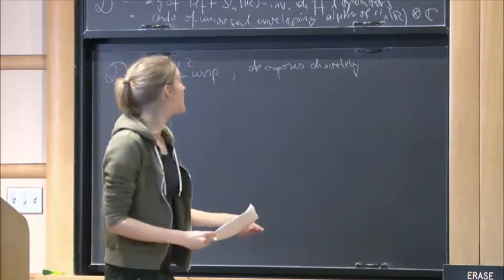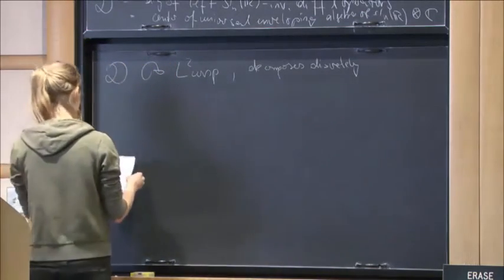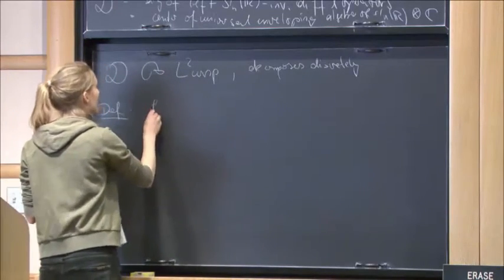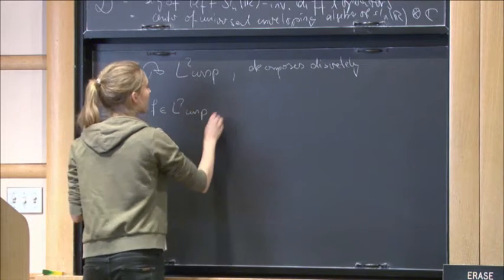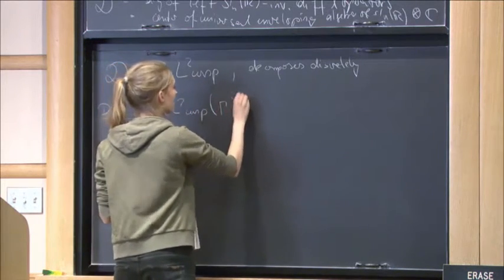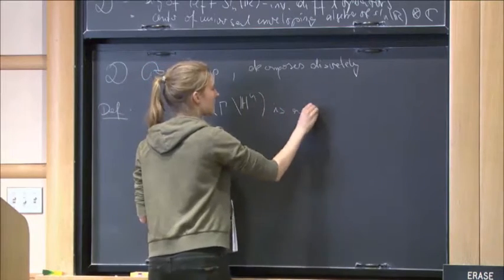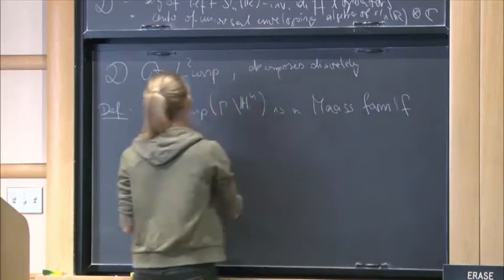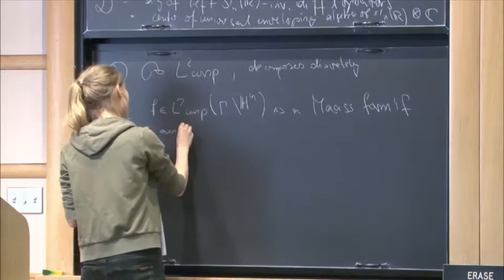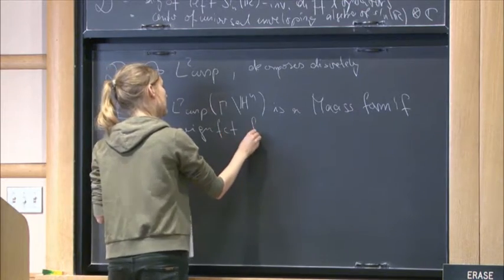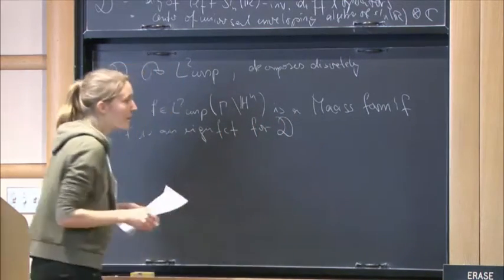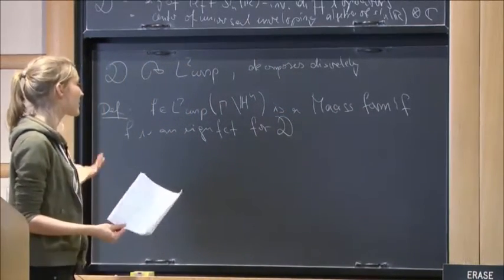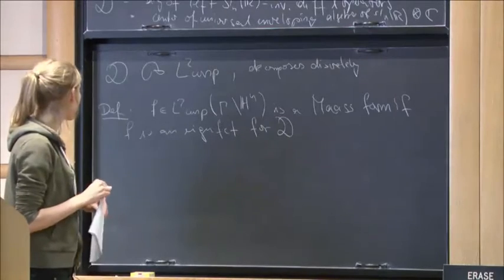And we say that f is a Maass form if f is an eigenfunction for D. So for SL2, these are just the usual Maass forms which you've probably seen before.